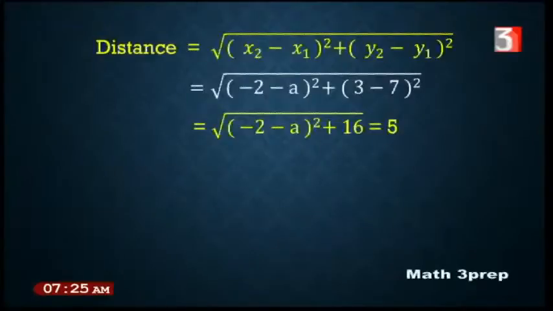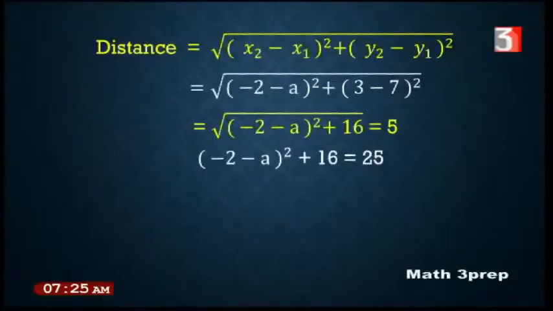That's correct. By squaring both sides of the equation. Why? To dismiss the square root. So by squaring both sides, you are going to obtain (-2 minus a) squared plus 16 equals 25.